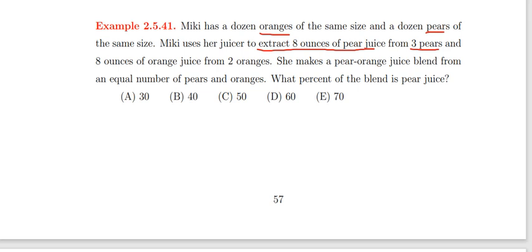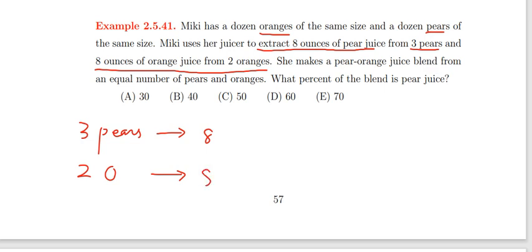So let's say the 3 pears get 8 ounces of pear juice, and 8 ounces of orange juice from 2 oranges. So 2 oranges also get 8 ounces.